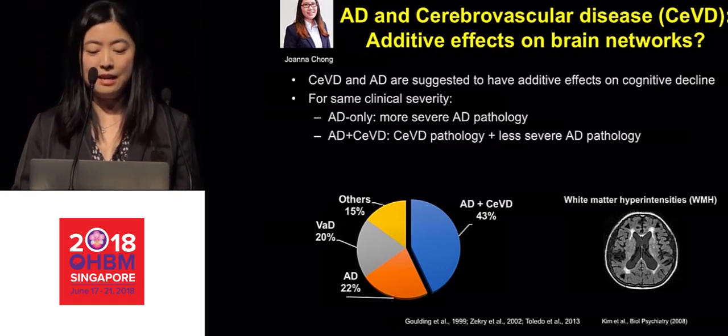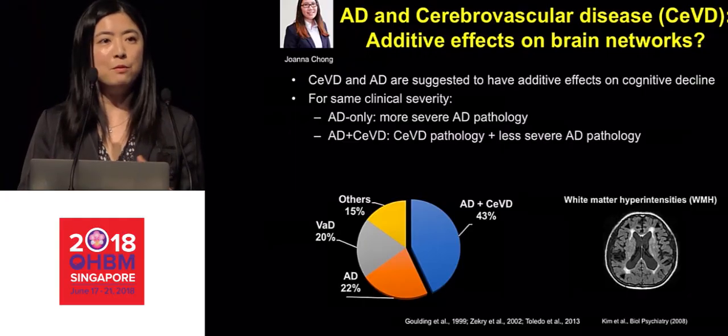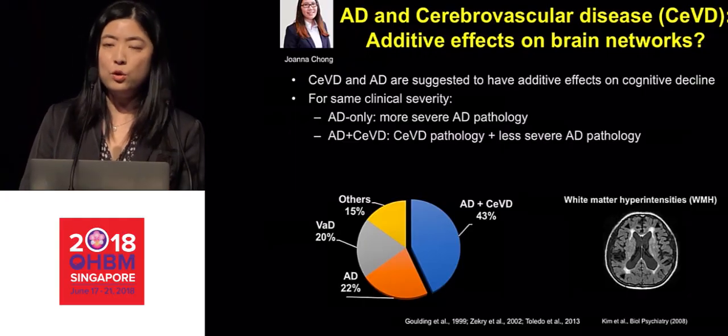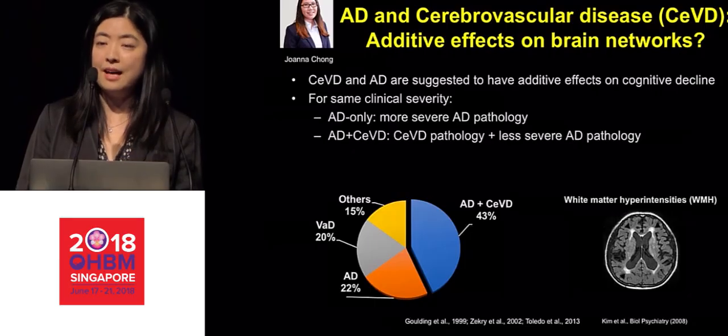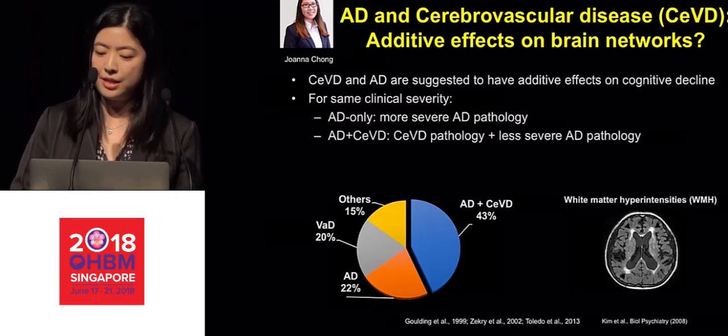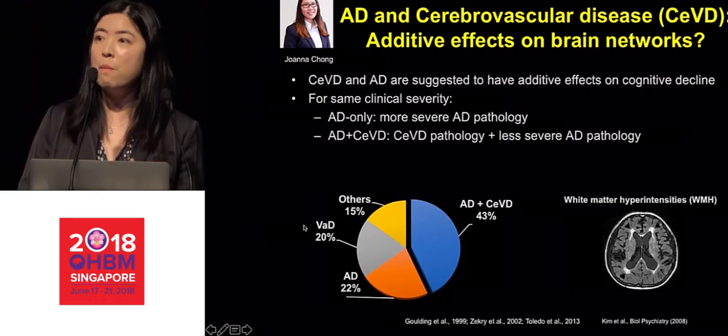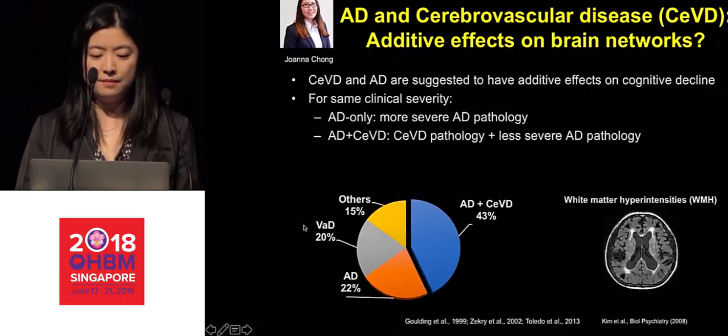Previous studies in imaging as well as pathology have suggested that cerebrovascular disease and AD could have additive effects on cognitive decline. For the same clinical dementia severity, AD-only patients present with more severe AD pathology than those comorbid with cerebrovascular disease.